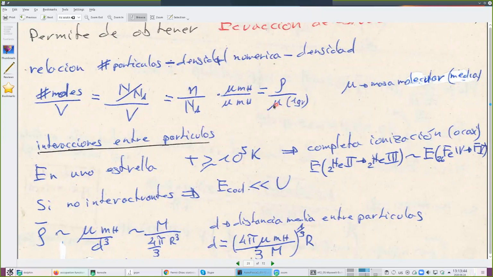That is the mean mass in atomic units that each particle has. It means that if you multiply the numerical density by this value, mu, that is a pure number, the molecular mass, by the atomic mass unit, you have the total density of the gas.